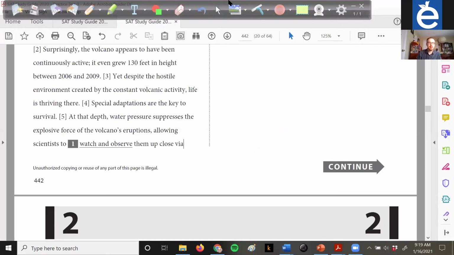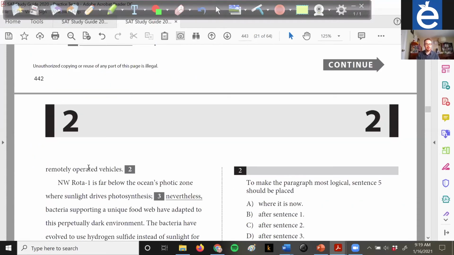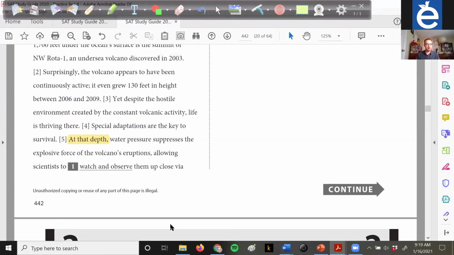Right, at the beginning of this sentence, we have a hook. It says, "at that depth." It begins with a reference to depth, and it ends with a reference to these vehicles. So we want to put it somewhere directly following a description of depth.